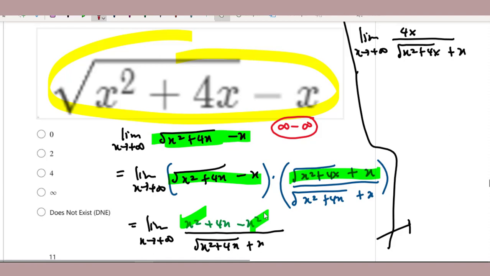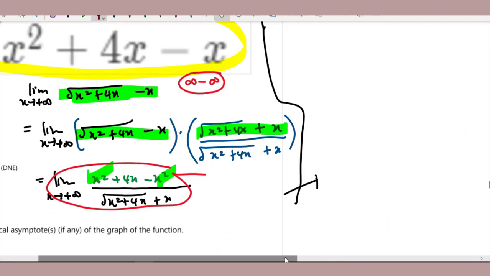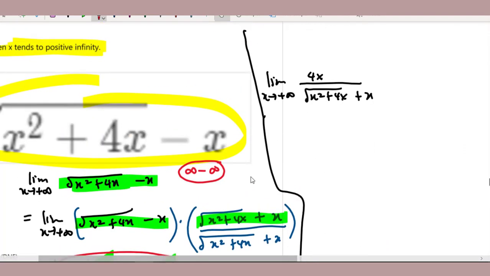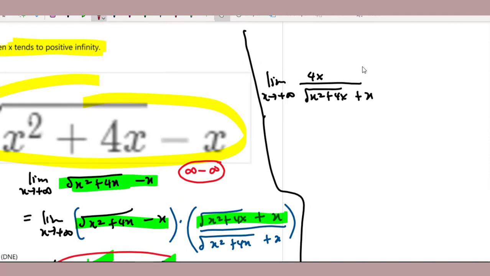Just copy this and simplify. Then substitute the value for infinity. There is infinity over infinity. Still, this is an indeterminate form. Instead, you need to do something and check.